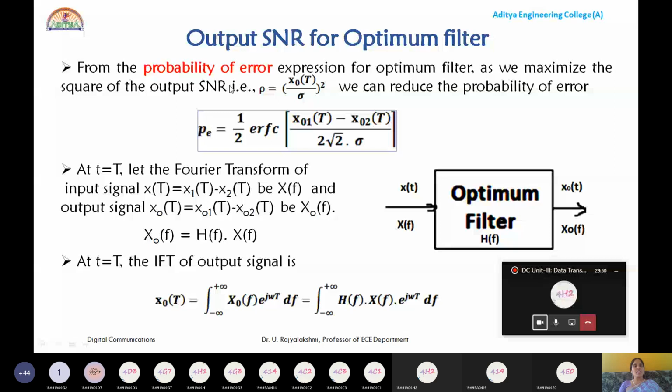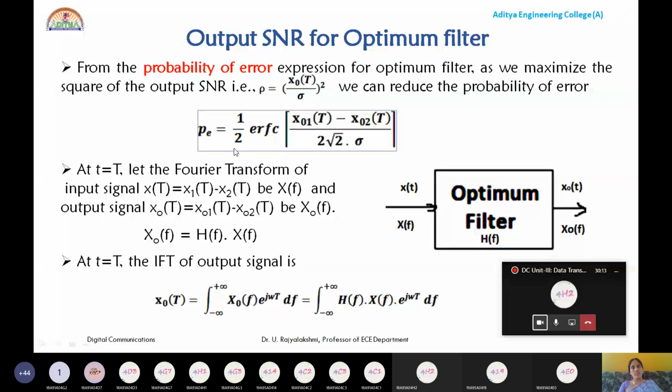So once again I have rewritten the same expression of probability of error here. What is Pe? The probability of error for the optimum filter we are defining. Please listen: remember that we are defining the probability of error for both the cases, and we will obtain the same expression.